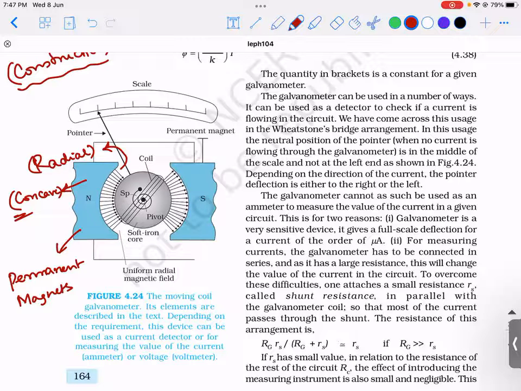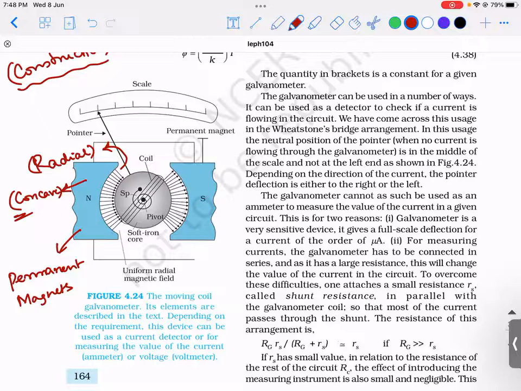Because this radial magnetic field will always be perpendicular to the areal vector. When they're always perpendicular to the areal vector, what would be the torque produced by it? It is m into b, because sine theta will become 1. So the radial magnetic field has the advantage of making the torque across the coil maximum.